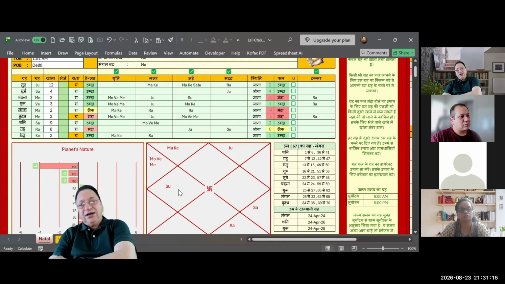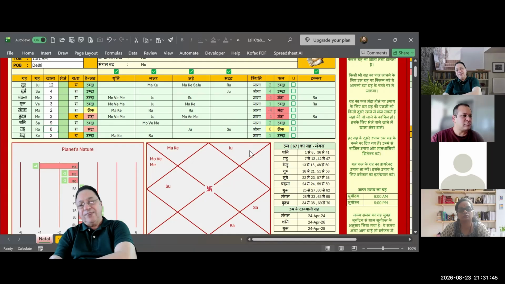Then the planets have drishti, as you know, they have an aspect on the other planets. All those aspects are called najar in the Lal Kitab format. It explains, like Jupiter here, it is not sitting with any planet, it is alone, there is no yuti, but it has an aspect with Mars and Ketu.